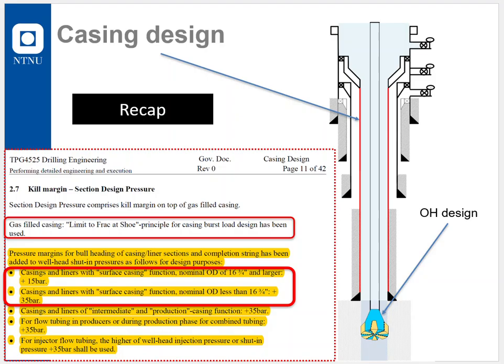The section design pressure is very often coming from a load case in drilling design that we call displacement to gas. And we see here a cutout screen dump from what we used to have when we had a full class at NTNU in the autumn.